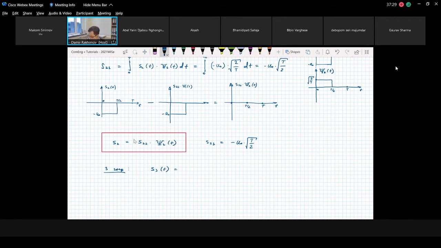So we make another assumption that it could happen that we need two basis functions to represent the third signal. So maybe at this step, we get the second basis function. And again, this is our assumption that we make in the beginning.